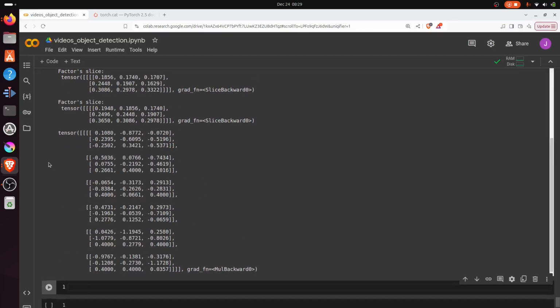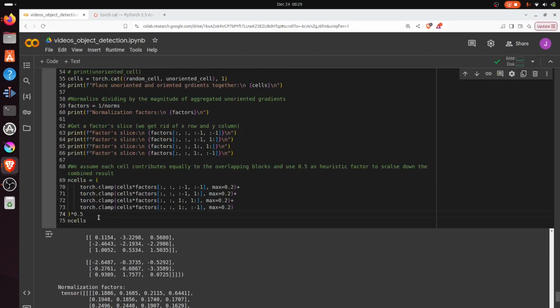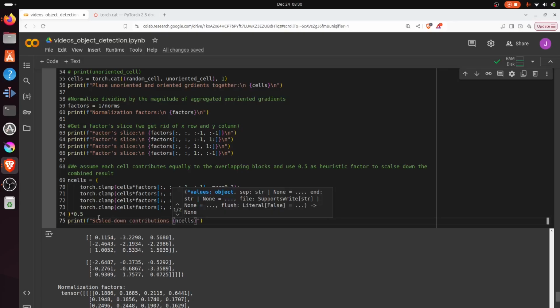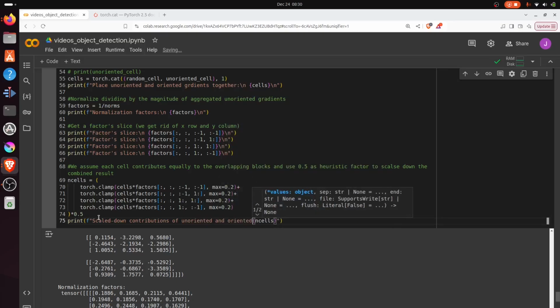So right now, let me print it properly, and I'm going to say: scale down contributions of unoriented and oriented gradients.